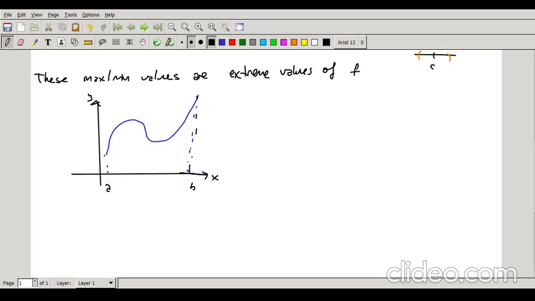Somewhere here, as you see, you have a point that is a maximum, but a local maximum. Here you may have a minimum point.